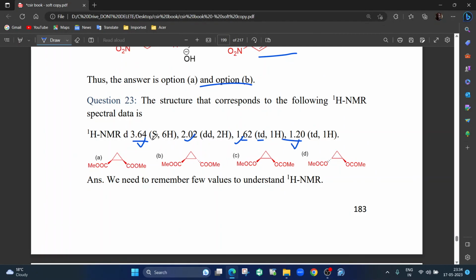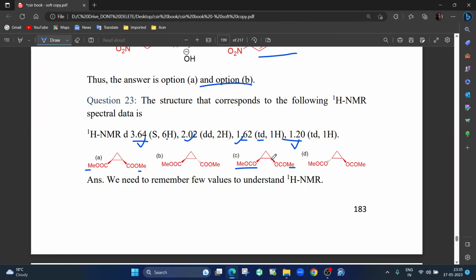Out of that, one of the signals is a singlet and 6 protons. So of course it will be with respect to this Me, either this or this. Let me show you why I am saying this, because A and B have a similar kind of substituent here. It is COOMe and COMe. Here also COMe, so they are both esters.